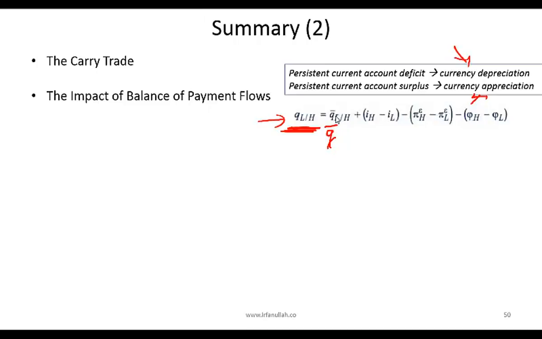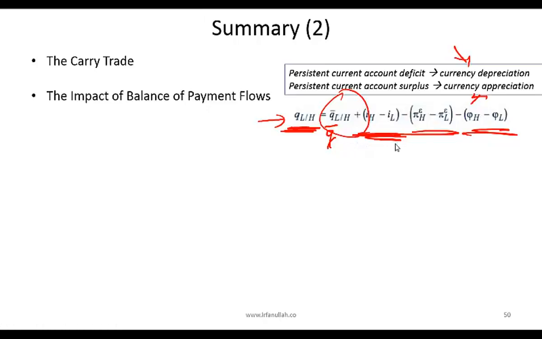The relationships that we talked about in the earlier section, purchasing power parity and interest rate parity and so on, predict what the equilibrium exchange rate should be. But since the real exchange rate at a given point in time is probably different, why is it different? That difference can be explained in terms of the relationship shown here. This is the interest rate differential, this is the inflation differential, and this is the risk premium differential. Different currencies will have different levels of risk associated with them.